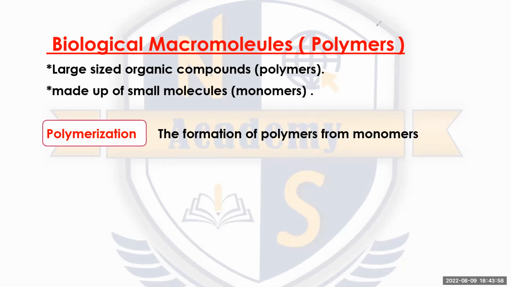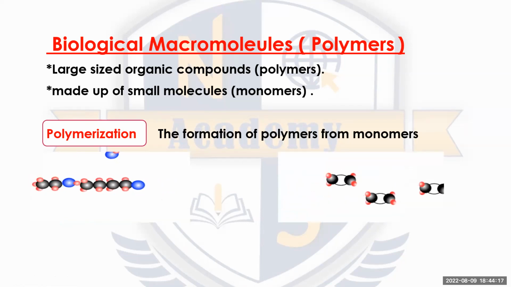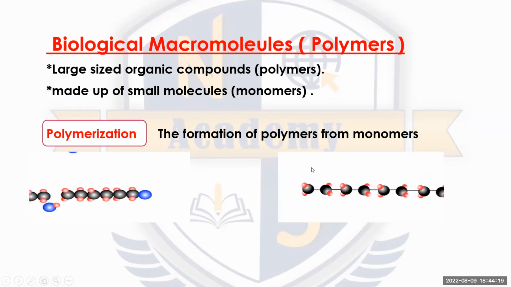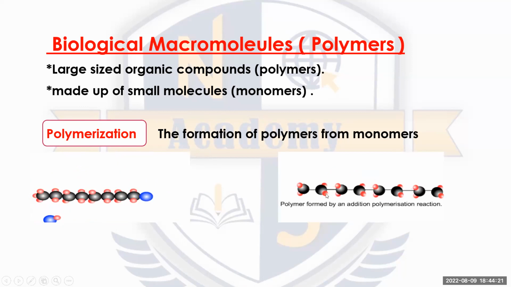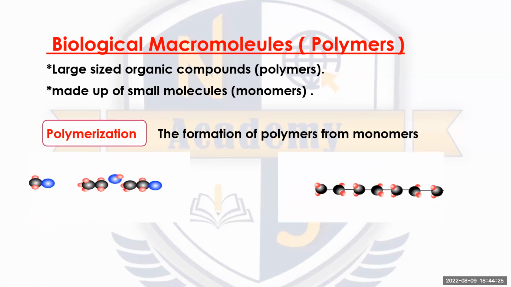Here is another GIF picture to clarify this process. We have some monomers. These monomers are joined together to form a polymer. Is it clear, ya Mariuma? Yes. Another way of polymerization: small monomers joined together to form a polymer.